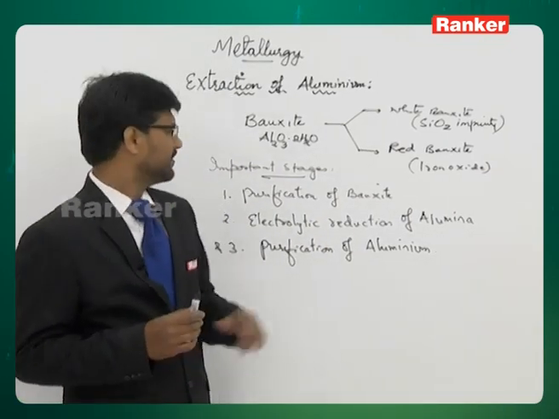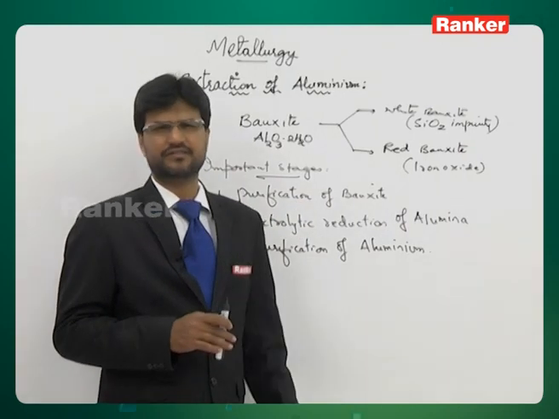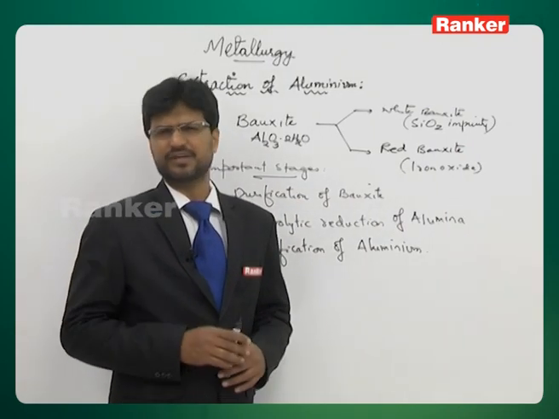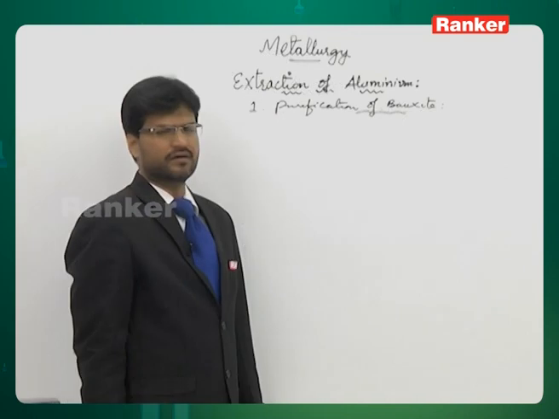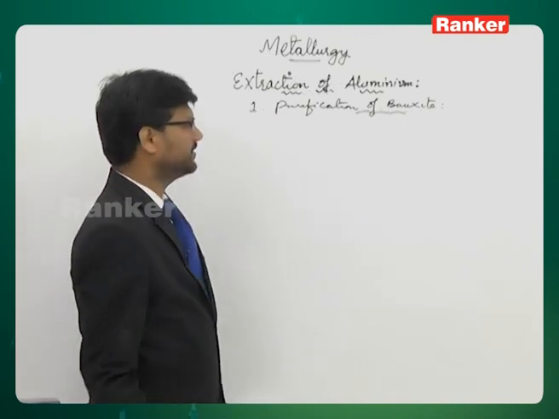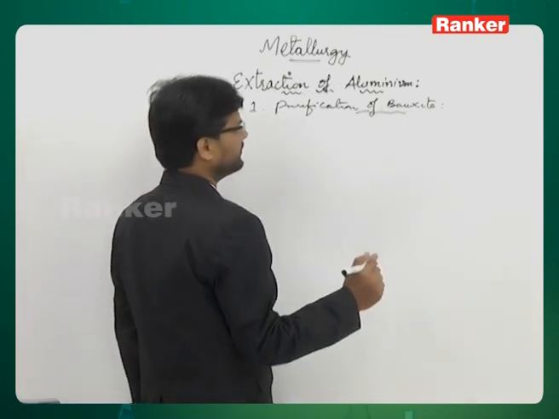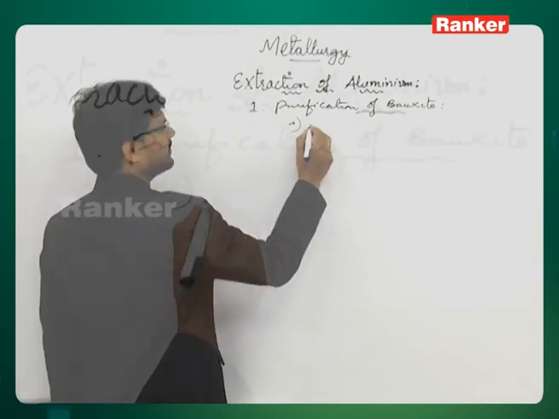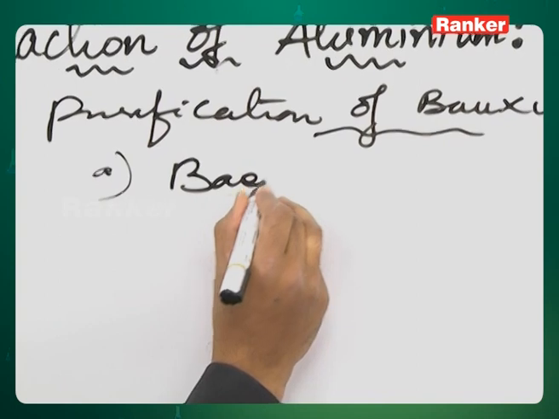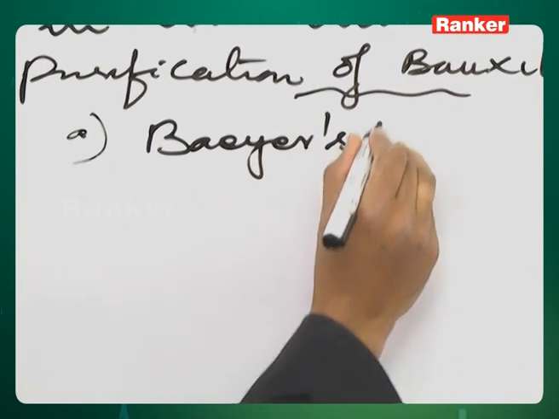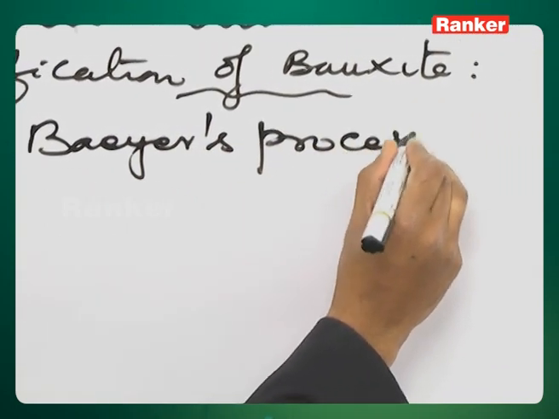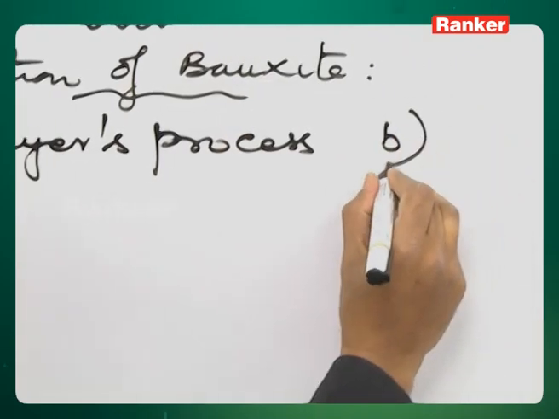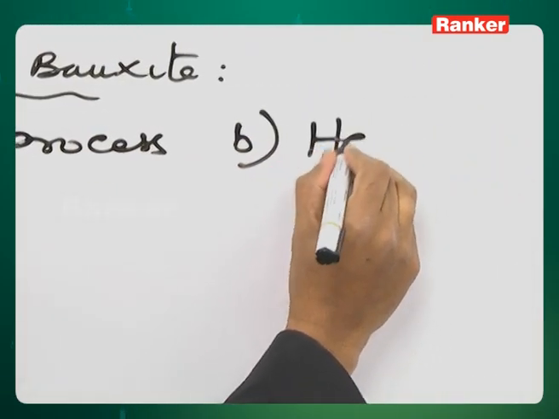Let's discuss first of all the various methods of purification of bauxite. Now the first stage, purification of bauxite. Here we have three different methods available. A, Bayer's process. B, Hall's process.